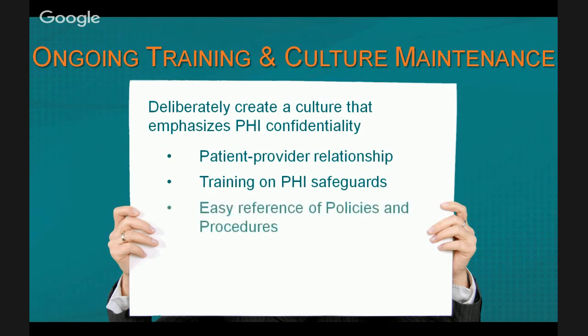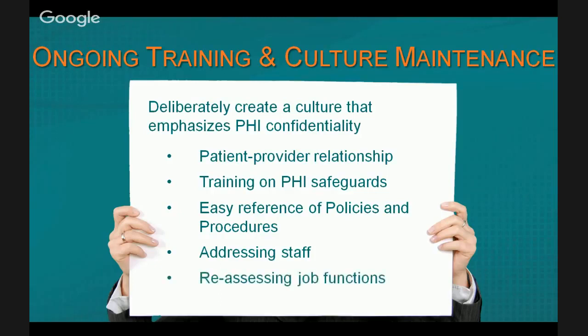Number 3, make sure your staff has a copy of your policies and procedures for easy reference, and remind them to comply with those policies and procedures. The last two are addressing staff questions and getting outside resources to help you if you feel you need additional expertise with compliance and message delivery, and reassessing each workforce member's job functions and enabling or disabling the amount of access they have to patient healthcare information.